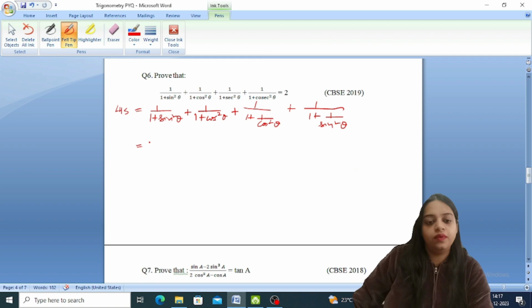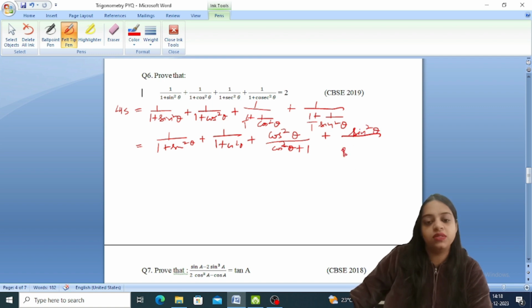Now I will be simplifying the third and fourth term. See, we can take the LCM of the denominator, which will be cos square theta. I am shifting that LCM to the numerator, so it will be cos square theta upon cos square theta plus 1. Same way, in the denominator also sin square theta is the LCM, which we can shift to the numerator, so it is this term.